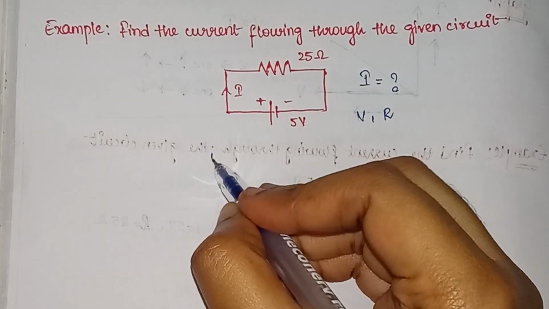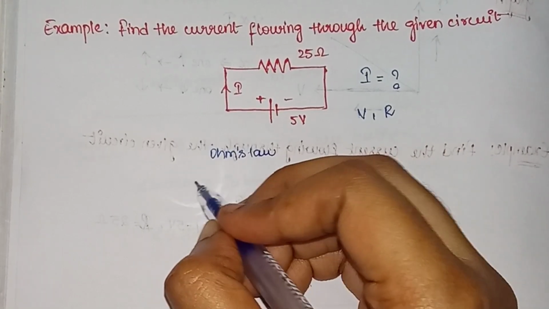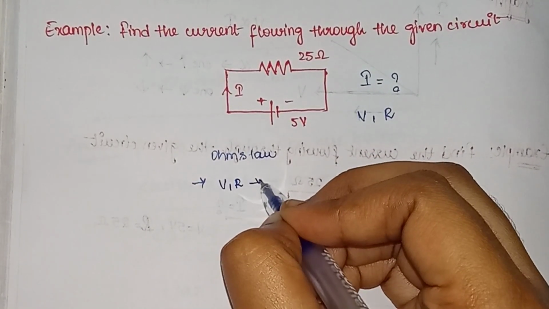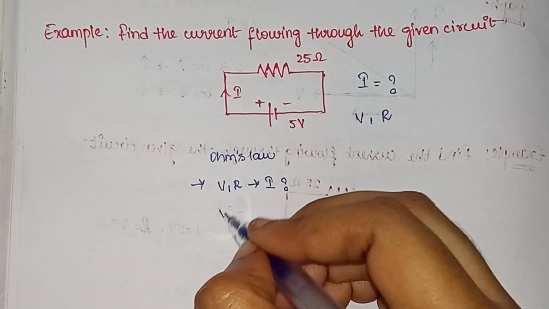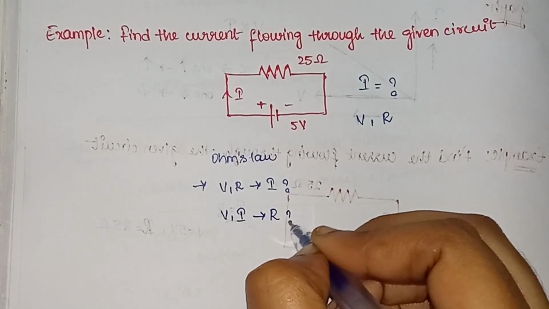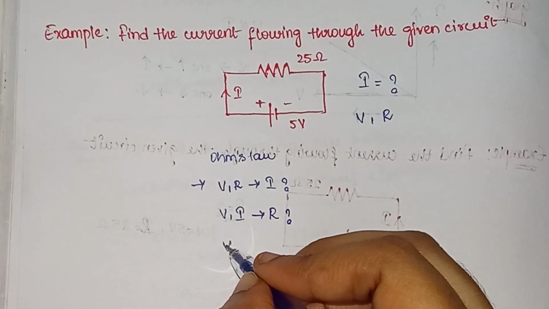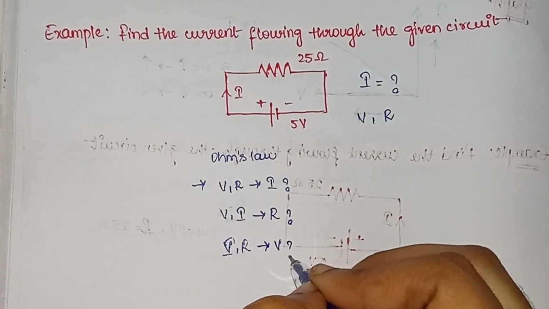So we can use Ohm's law in 3 conditions. First condition is when we were given voltage and resistance and we were asked to find the I value. And the next combination is when we were given voltage and current and were asked to find resistance. And the other condition is when we were given the I value and resistance and were asked to find voltage.